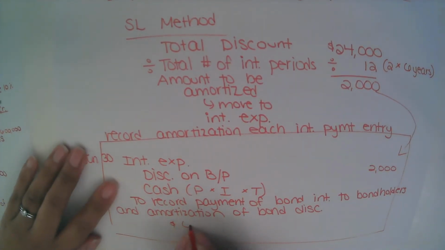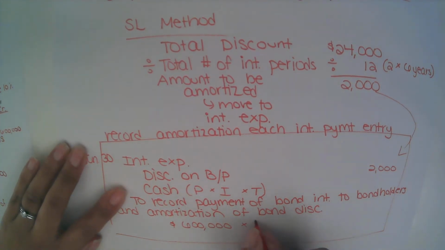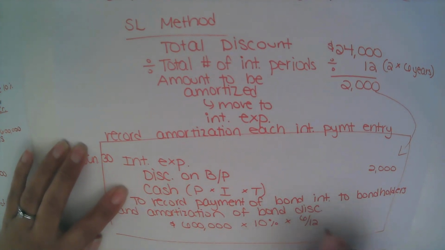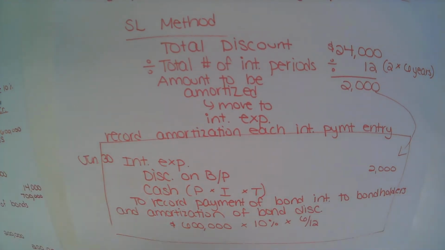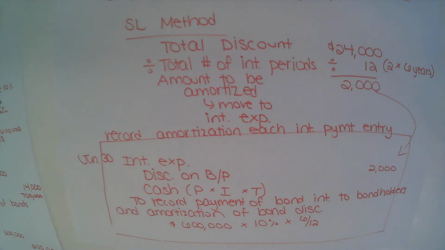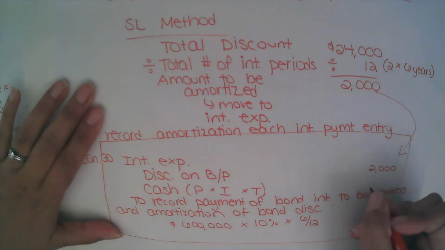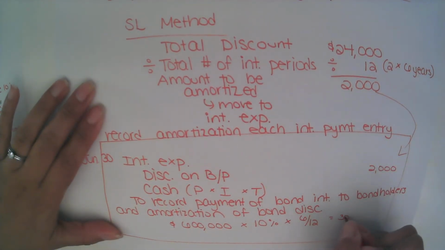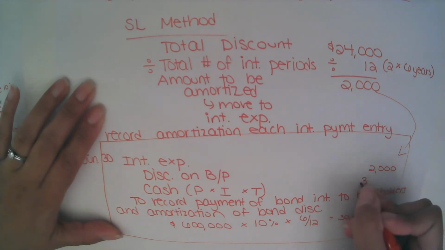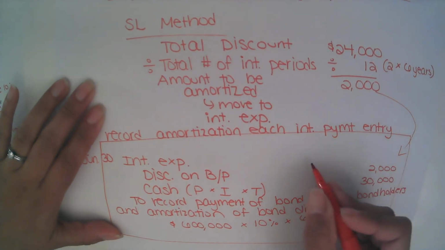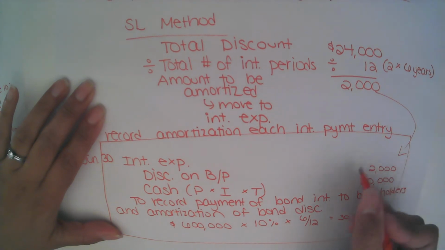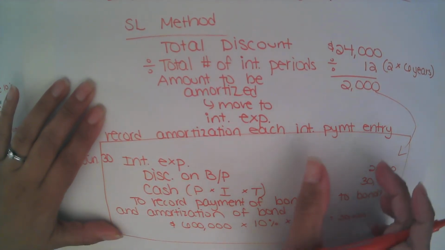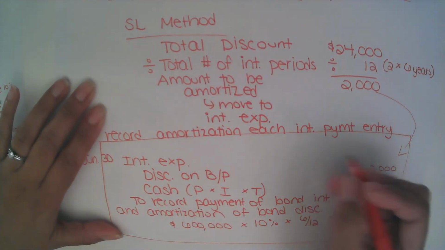Okay, so our par value here was 600,000 times 10%, and we pay every 6 months, so 6/12. So do that math, and I get 30,000. Interest expense is the sum of the two, because we said we're taking that amortization and moving it to interest expense.